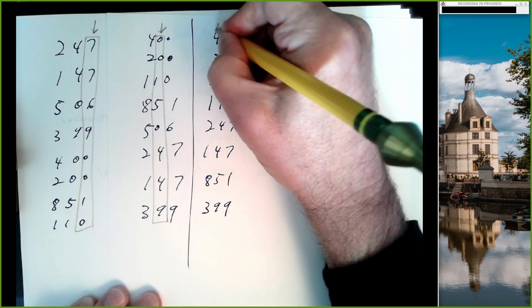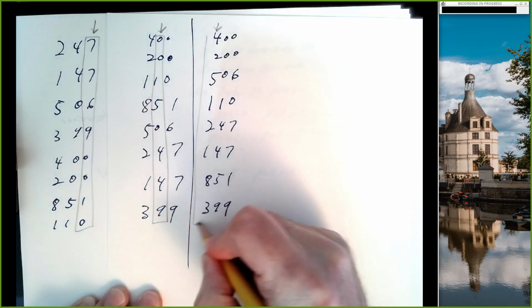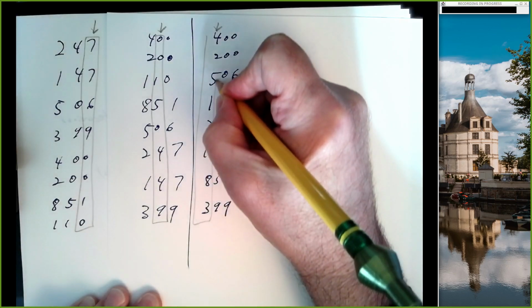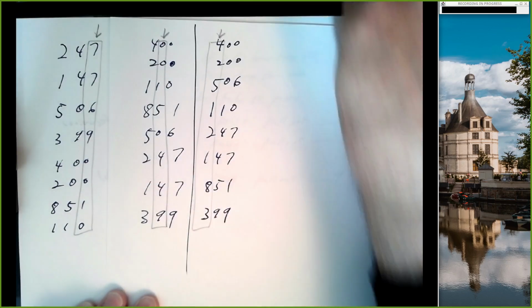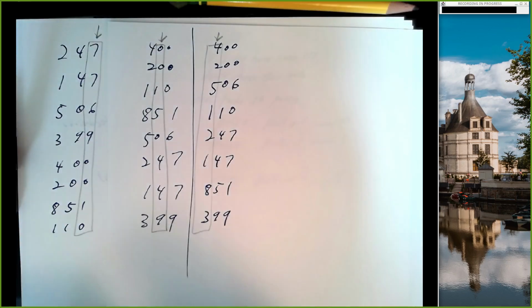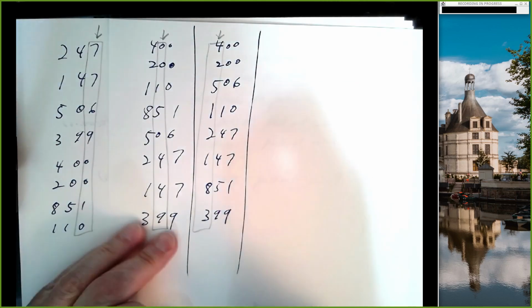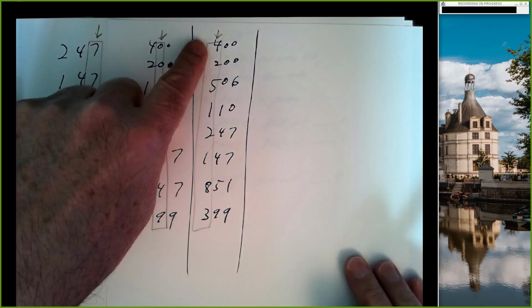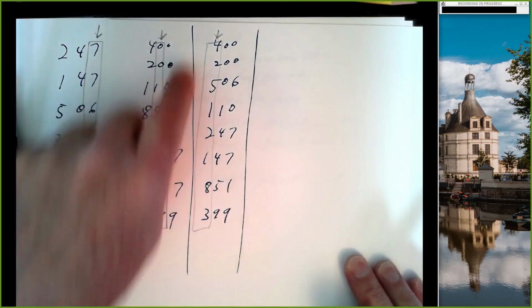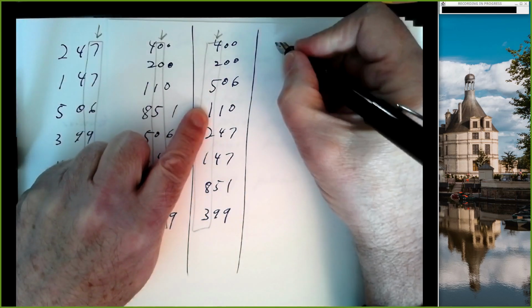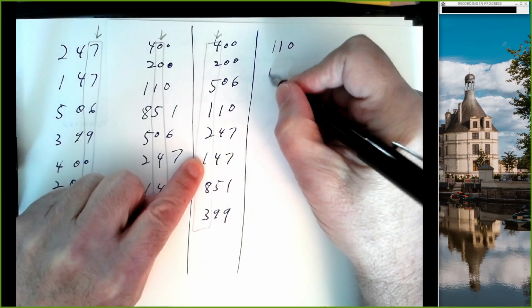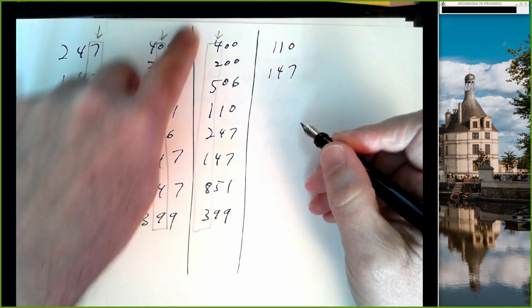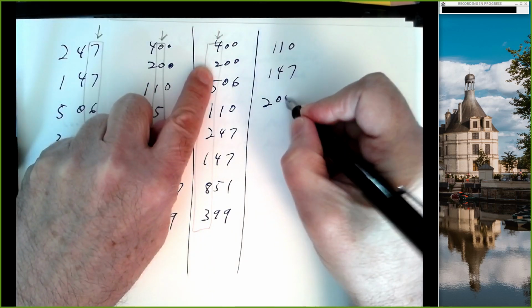Now we're going to do one more pass where we sort by digit 3. And we're going to do that exactly the same way. We're going to make 10 passes through our data. First we look for anything with a 0. We don't find anything. Now we look for things with a 1. So there's a 110, a 147. Look for anything with a 2. There's a 200.